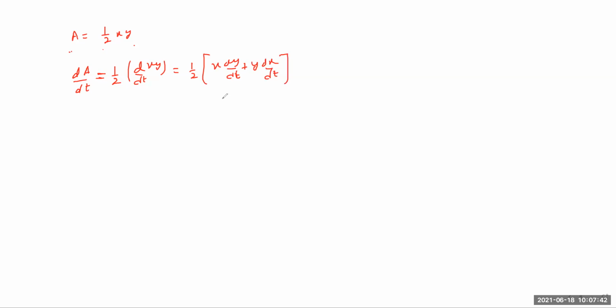That's the chain rule. And dy by dt is minus vb and dx by dt is va. We know these already. Now substitute the values: this is 5, and for vb we got 5 by 6.